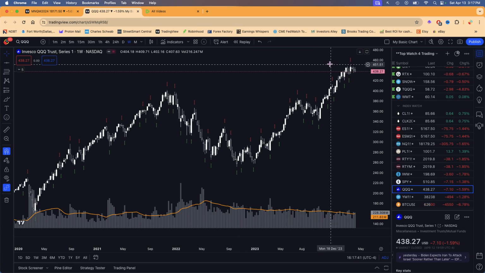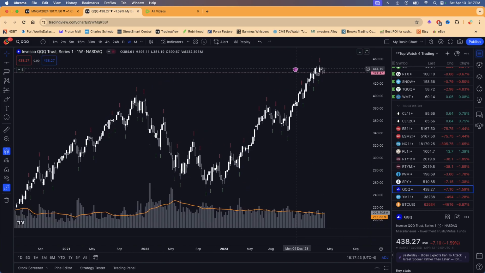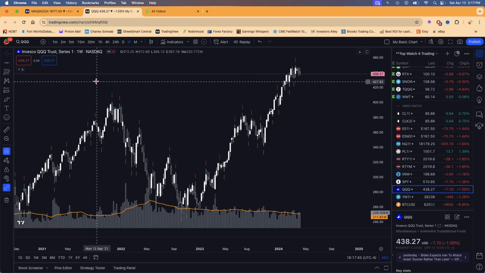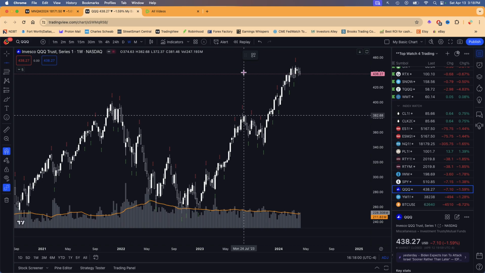So what I like to do is I come in here and I grab me a horizontal line. I like this one because it extends right and left, and you can kind of prove your charting by looking back.